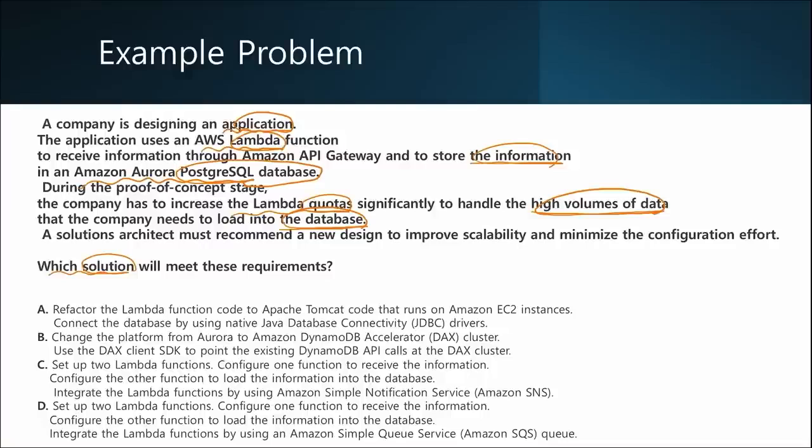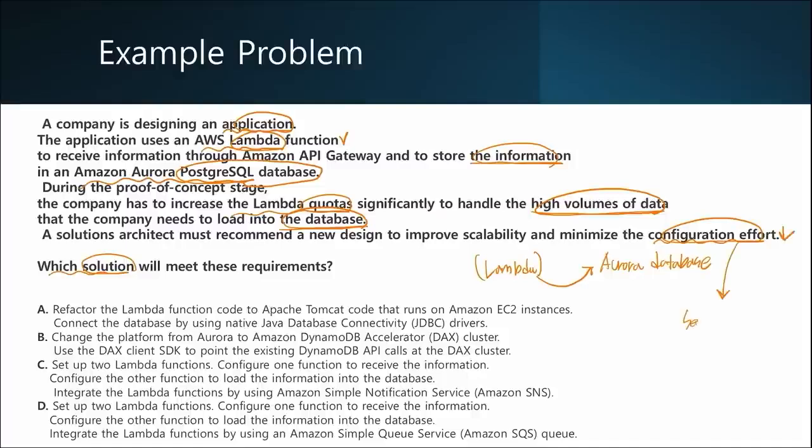First of all, you need to use a Lambda function. Lambda functions, as we learned before, are a serverless solution. There is a Lambda in the front end, and this is loaded into the Aurora database. Now, the important thing here is that this configuration effort must be minimized.